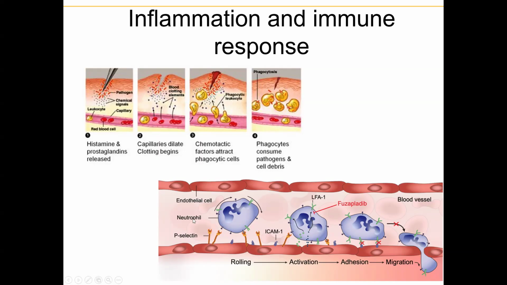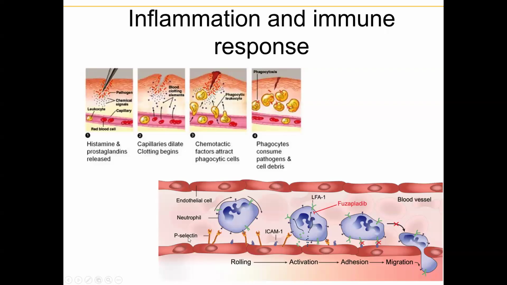First of all, there is rolling. It slows the motion within the capillaries, leading to cell adhesion and activation. Rolling leads to binding, but weak binding, then activation with interleukin 8. Then it leads to firm binding with the cell adhesion molecules.